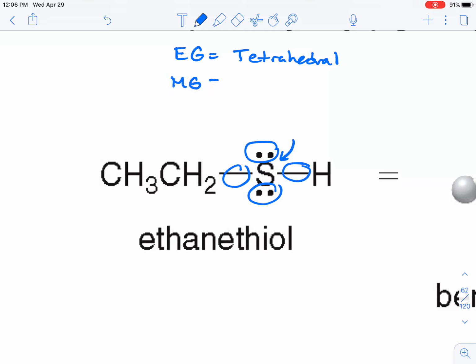When we're talking about the molecular geometry, we're considering the combination of lone pairs and the number of groups of electrons that are involved in a bond. If we're looking at this image, here we see 2 lone pairs and 2 bonds. And so that combination is going to tell us that the molecular geometry for this sulfur is going to be bent.